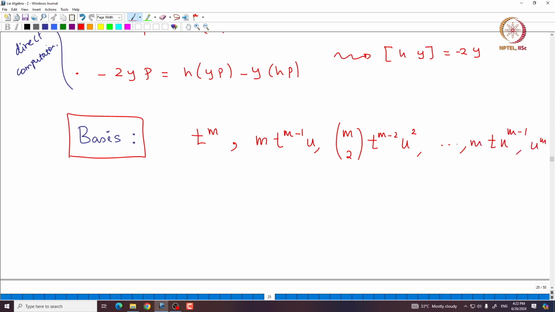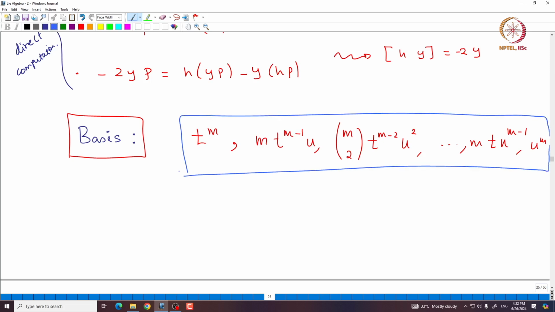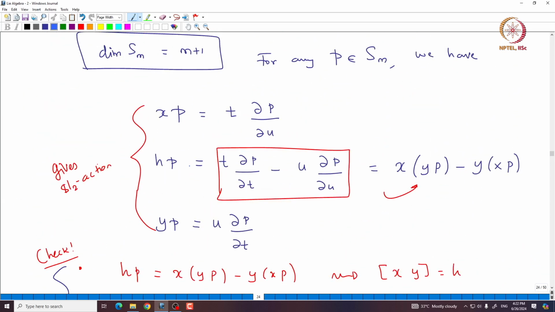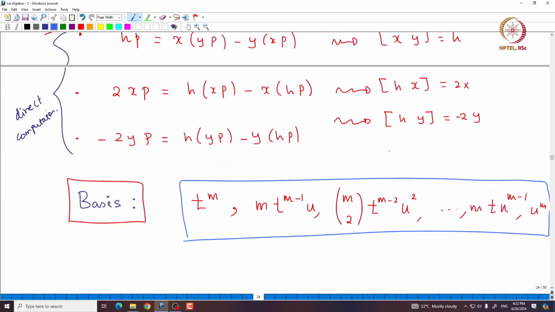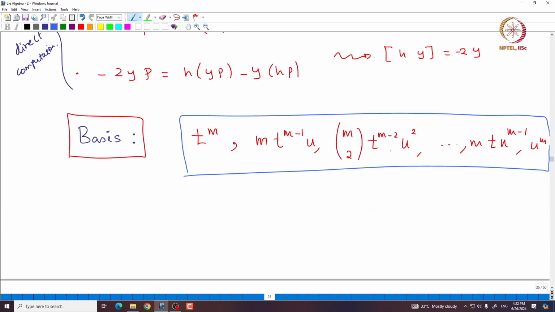So, you take all these elements, there are m plus 1 elements. You know that this is just a constant multiple of the earlier basis. The earlier basis is just t power m etcetera up to u power m. Now, we have adjusted the constants, so that it becomes very clear how to write the action of h, x and y. Okay. So, now you can directly check. On this basis we have the following action. The action is very explicit here.